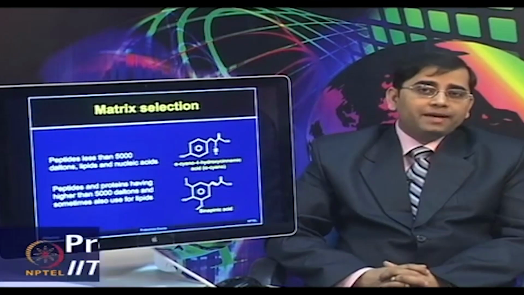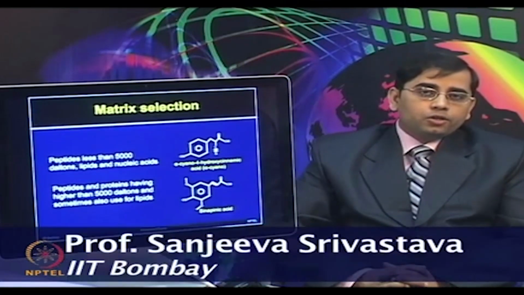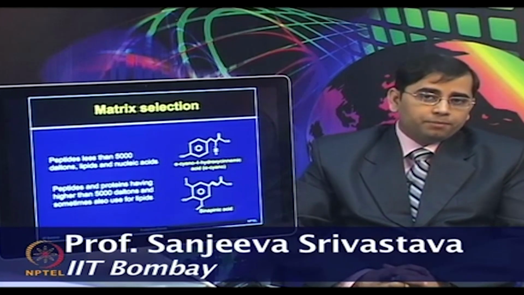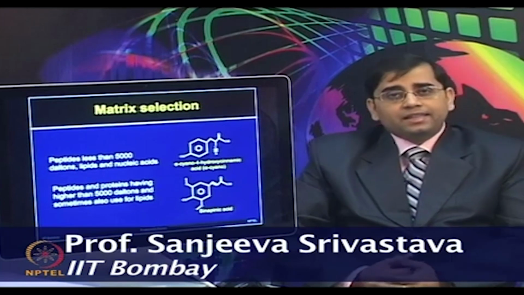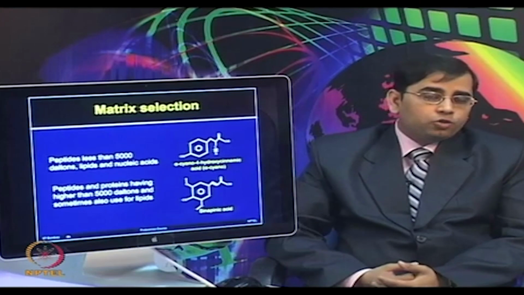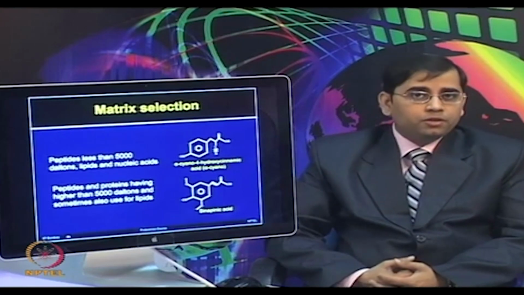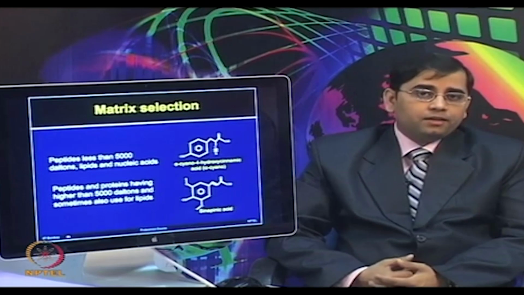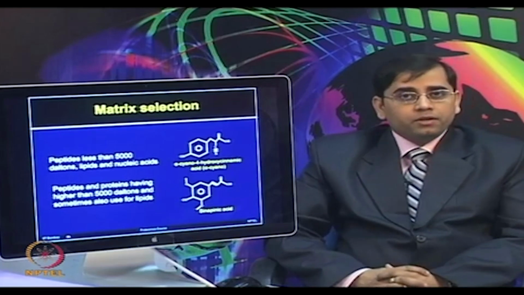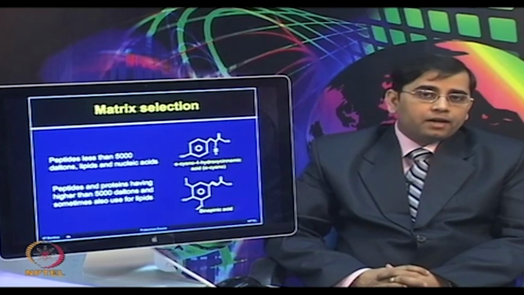Let us first talk about matrix selection. The important step in MALDI-TOF analysis is selection of the appropriate matrix for the sample. The matrix selection mostly depends on the molecular weight of the target to be analyzed and often the type of application which you intend to do by using these instruments. These matrices are low molecular weight organic compounds with low vapor pressure and volatile nature.